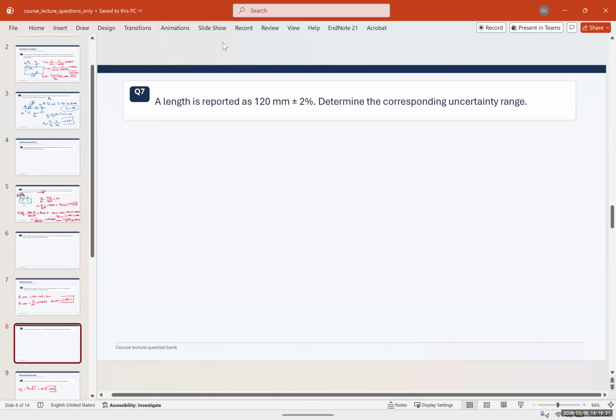A length is reported at 120 millimeter plus or minus 2%. Determine the corresponding uncertainty range, the range of error.